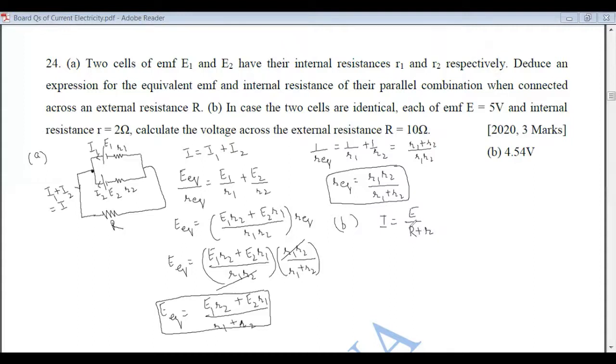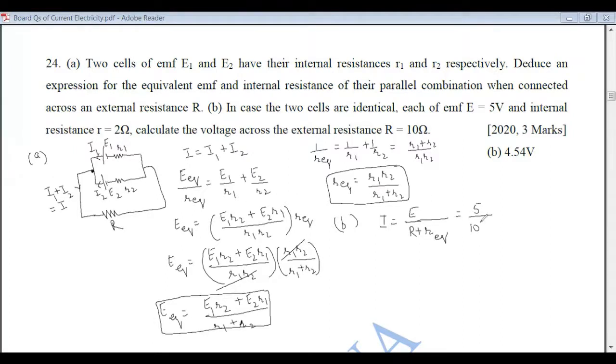The external resistance is in series with the equivalent of the internal resistances. What will be the equivalent EMF? As both the cells are of equal EMF, that is 5 volt, the EMF is 5 volt and the external resistance is 10 ohms, and there are two cells having resistances each of 2 ohm.